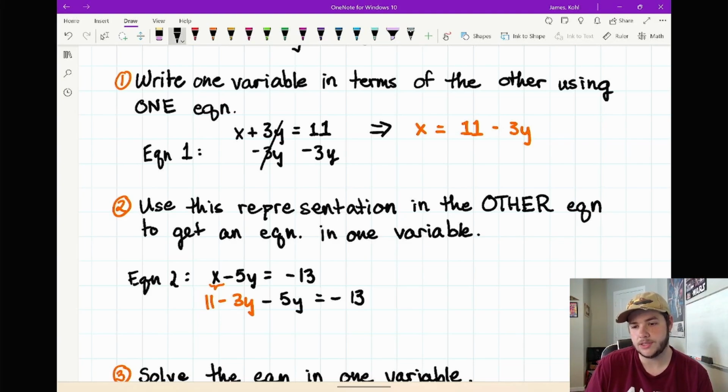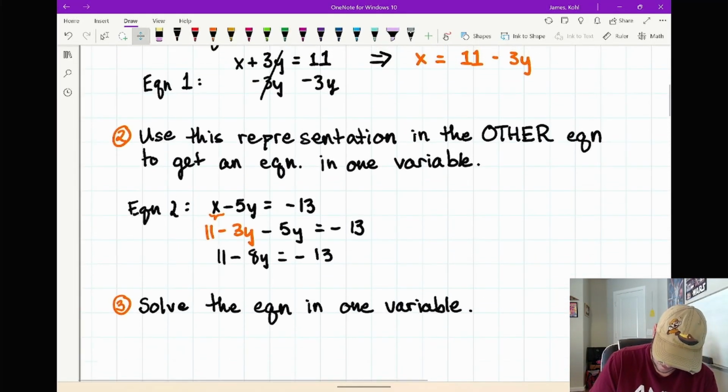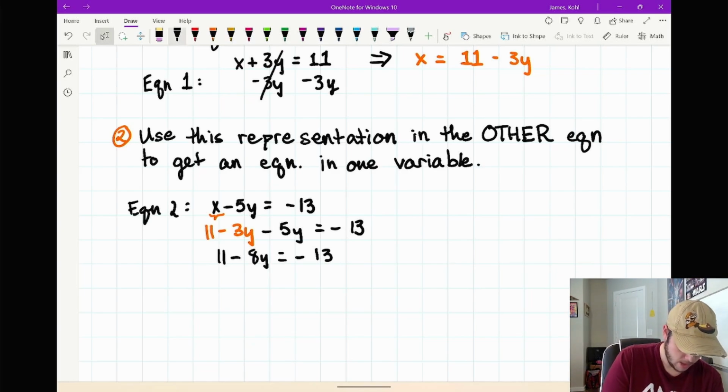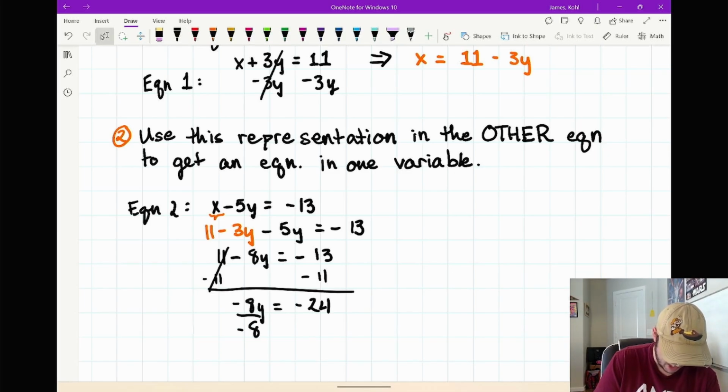Now, I need to combine like terms to get 11 minus 8y equals negative 13. I'm going to give myself a bit more room here. I'm going to subtract the 11 over. That will give me negative 8y equals negative 24. And now I divide both sides by negative 8.